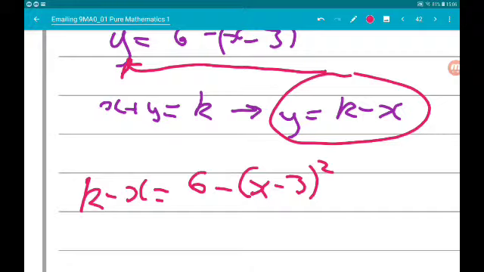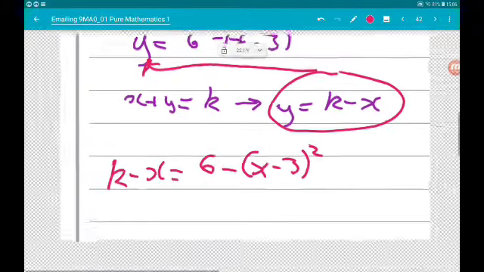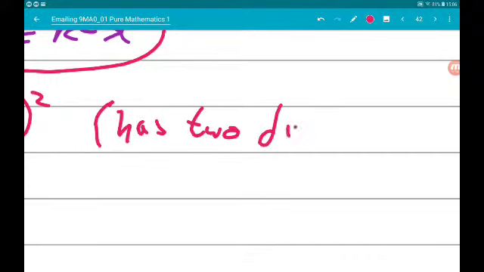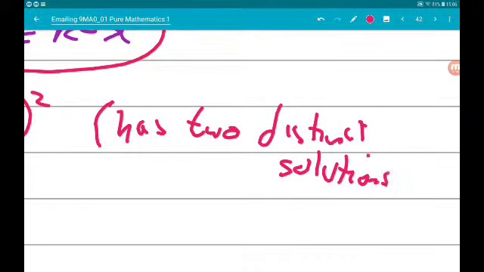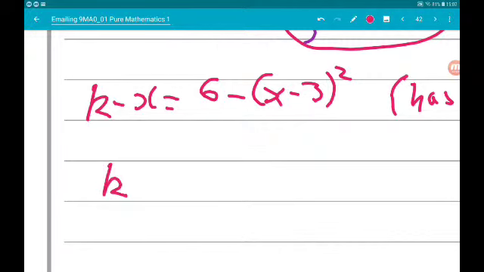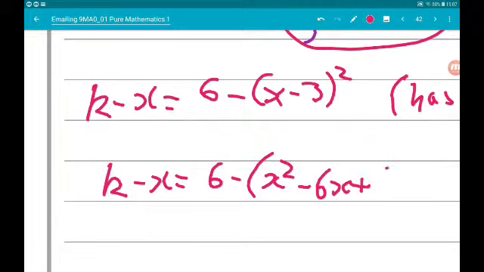So this is going to expand and simplify into a quadratic. We know that this has 2 distinct solutions. So, if we expand, we get k minus x is equal to 6 minus (x squared minus 6x add 9).